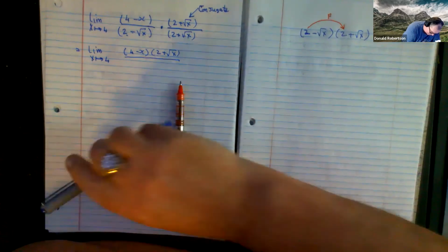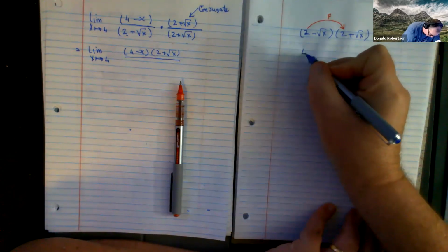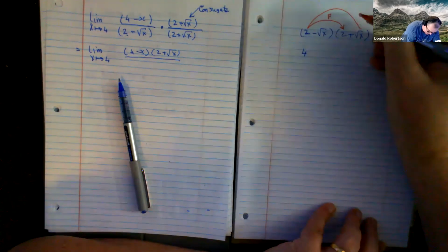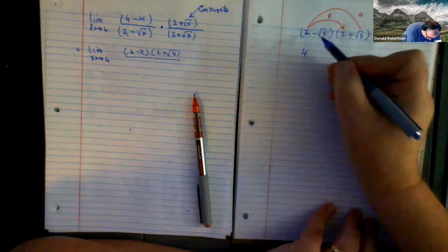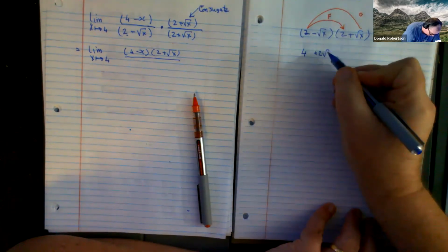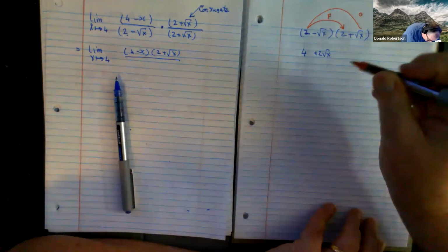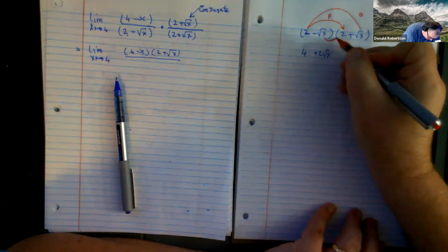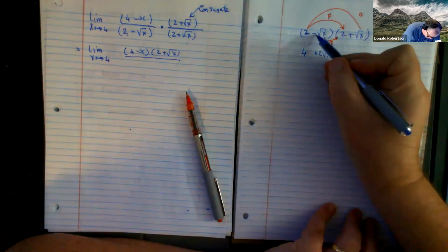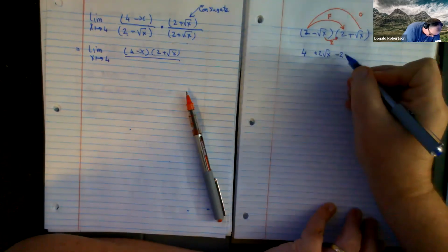The F, 2 times 2 is 4. Then you do O, which is the outside. And the outside is 2 times plus root x, so that's 2 root x. And then you do the I, which is the inside. And negative root x times positive 2 is negative 2 root x.